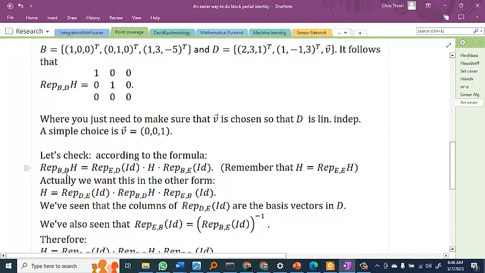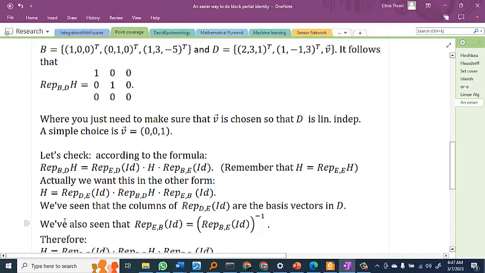This one reads rep from B to D goes rep from B to E, rep from E to E, E to D. Here H is from E to E, so I want to go from E to B, from B to D, and from D back to E. So I really just rearranged this equation and used the fact that rep DE is equal to the inverse of rep ED.